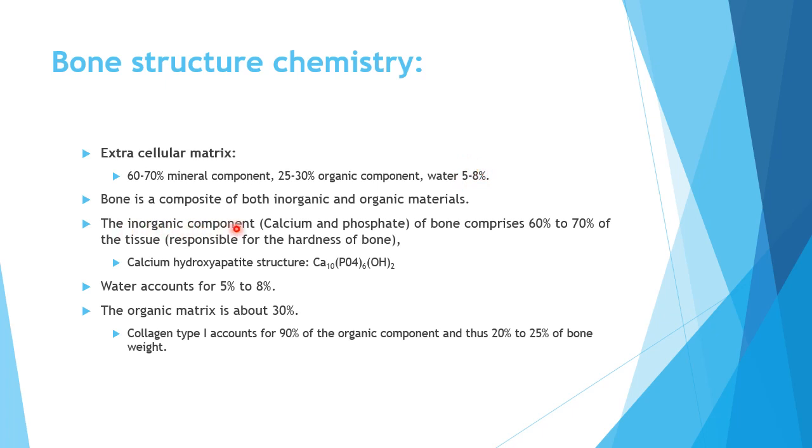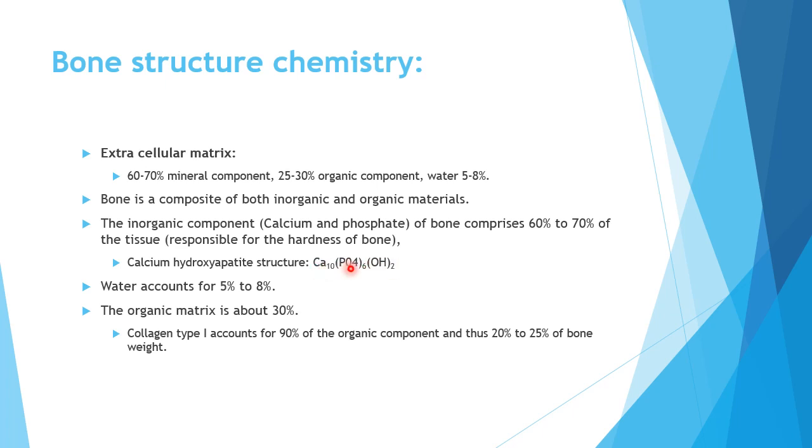The inorganic part is mainly calcium and phosphate, and as we said, it's more than half of the bone, about 60 to 70%, and most of this is calcium hydroxyapatite structure. Sometimes you're asked about what exactly the calcium hydroxyapatite is. It's calcium 10, phosphate 6, and OH 2.